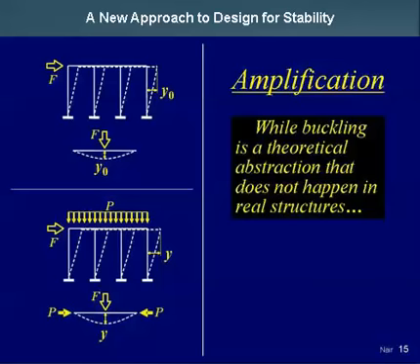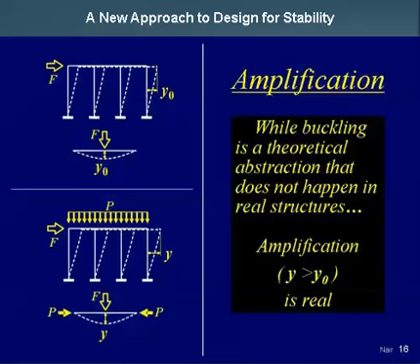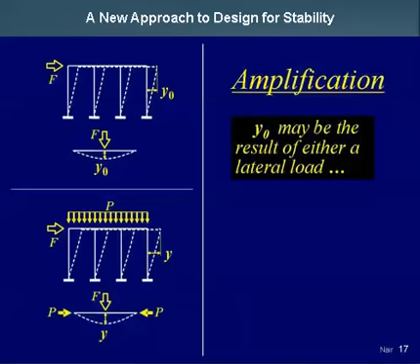And while buckling is a theoretical abstraction that does not happen in real structures, amplification is real. Amplification is this fact that Y, which is the displacement when you combine the compressive and lateral load, is greater than Y0, which is what you have when you have lateral load alone without the compressive force. And this amplification is a real phenomenon.